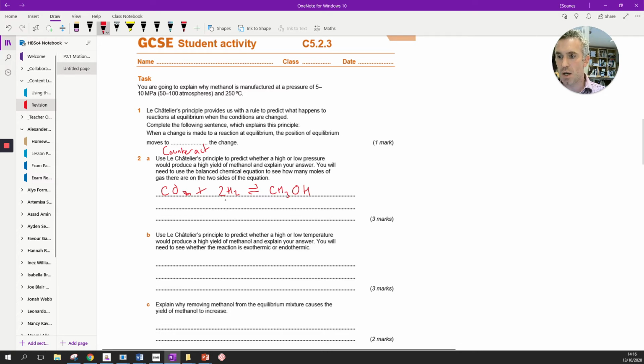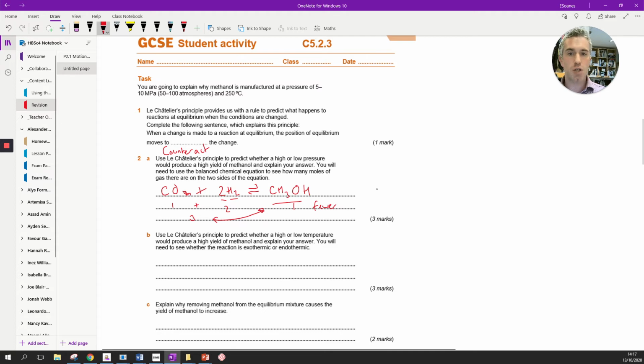So this is H2, and there's two of them, so we have 2 molecules. This is just one CO, so we have 3 molecules this side, and this is a really big molecule, but we only have 1. So 3 molecules versus 1 molecule. So this is the side with fewer molecules.